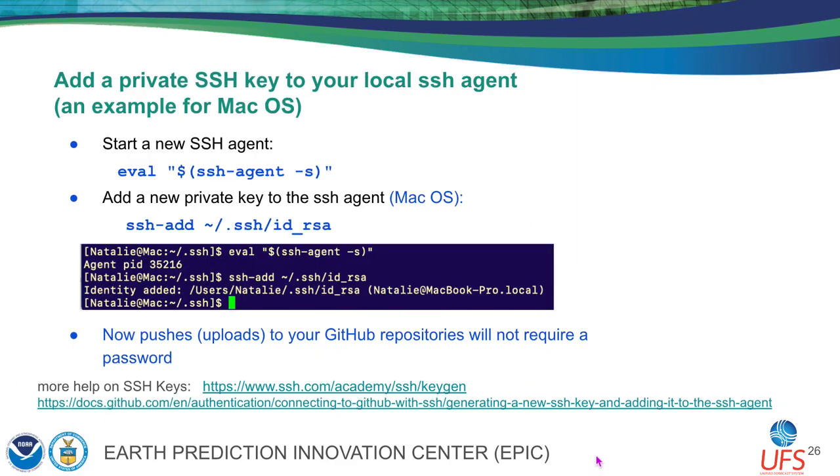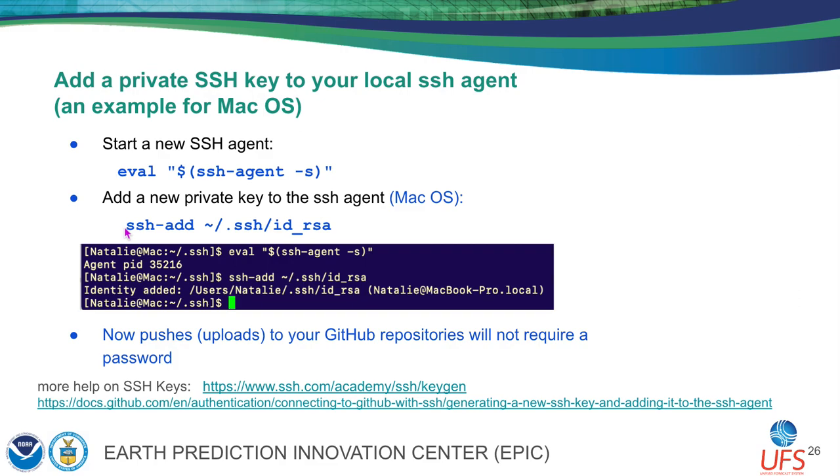That's almost all. One more thing that you may need to do, for example, on Mac OS, is add your private key to the SSH agent. You can start the new SSH agent by issuing this command, eval quote dollar sign, then ssh-agent -s in the parentheses and close quote.